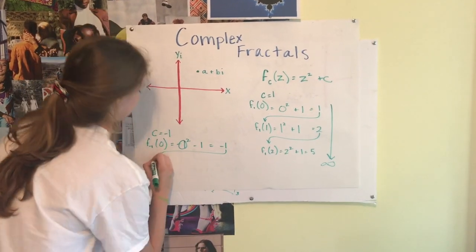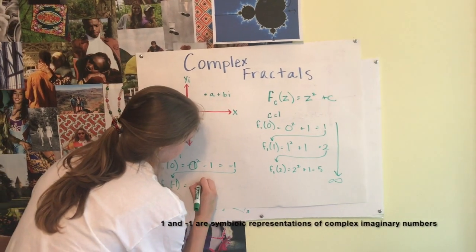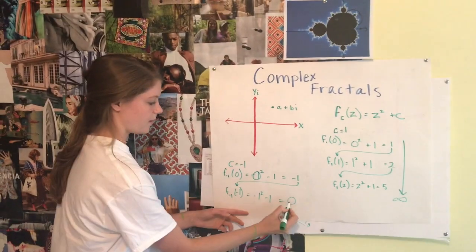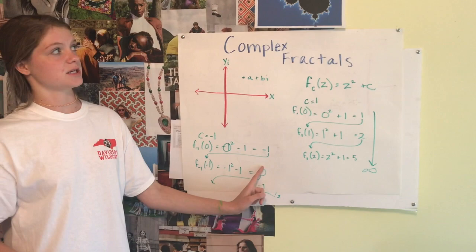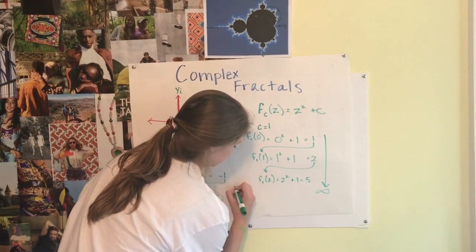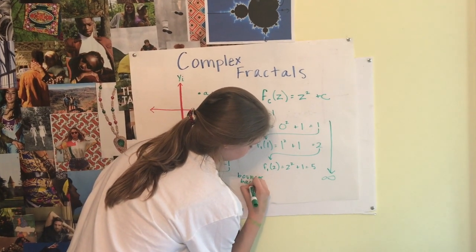And then we put -1 back here. And we can say -1 squared minus 1 is actually equal to 0. So this is an example that would satisfy the Mandelbrot set because it just bounces back and forth.